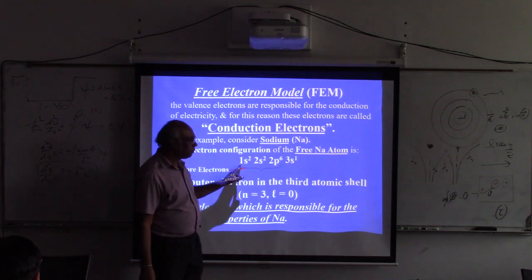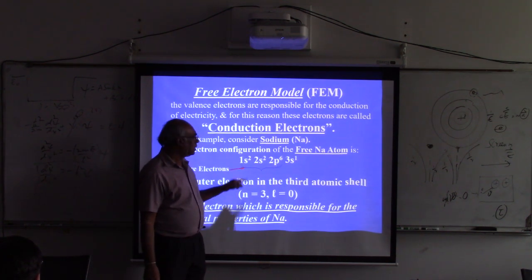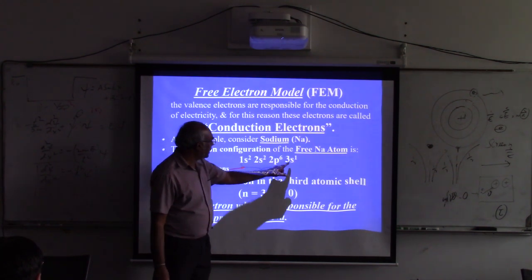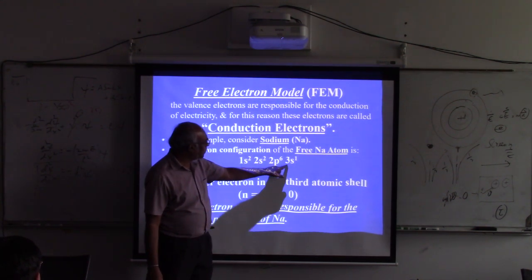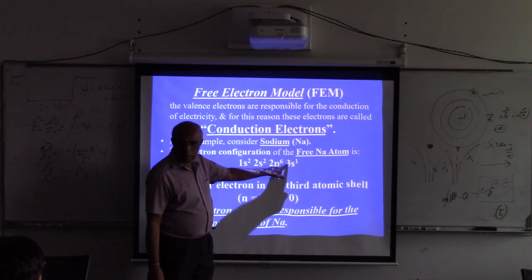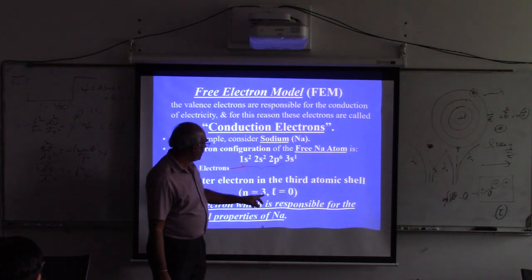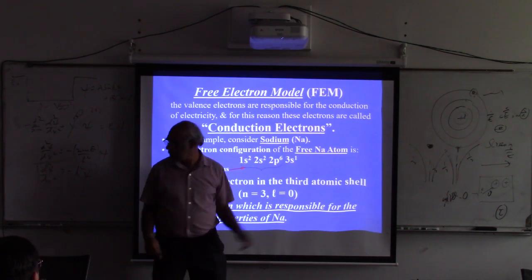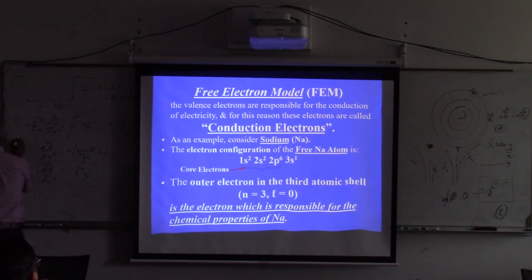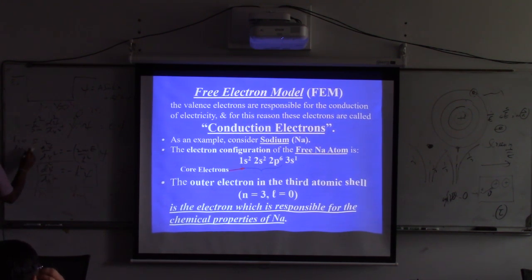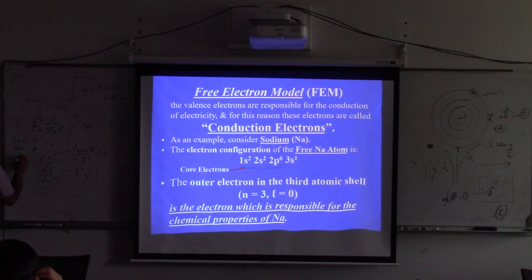These are core electrons. Now for the valence electron, what is the principal quantum number? n equals 3, right? Then l is 0. Remember, l equals 0 is the s orbital, l equals 1 is p, l equals 2 is d, like that, right?